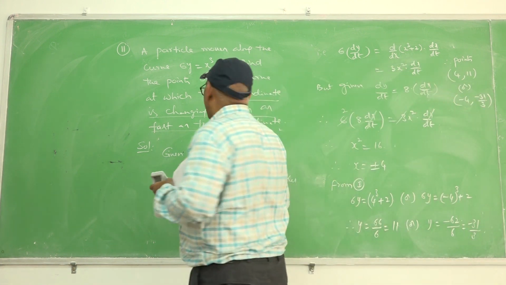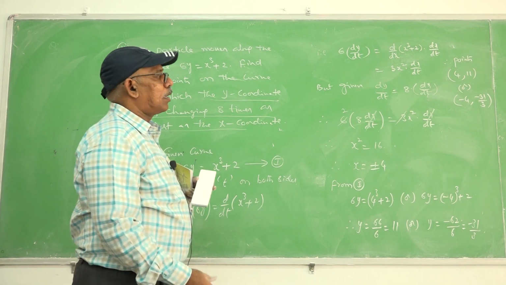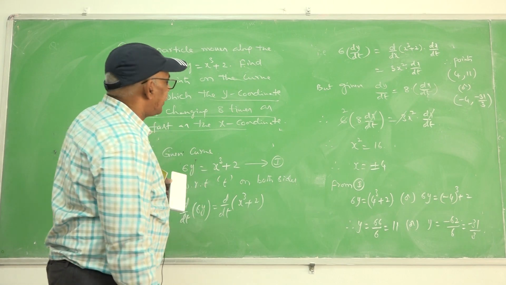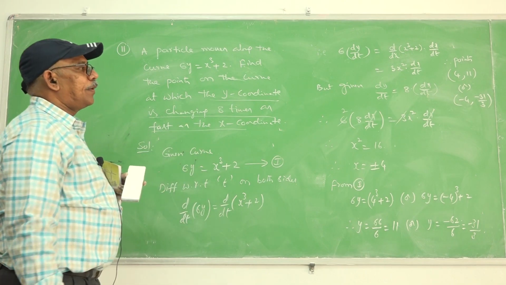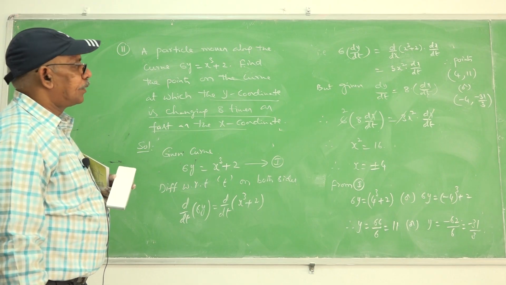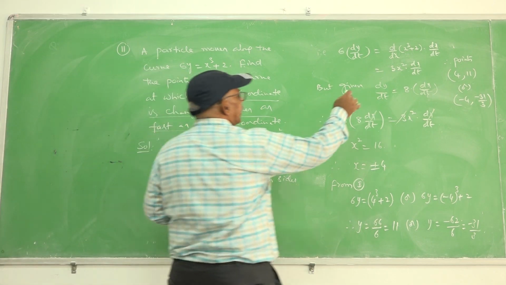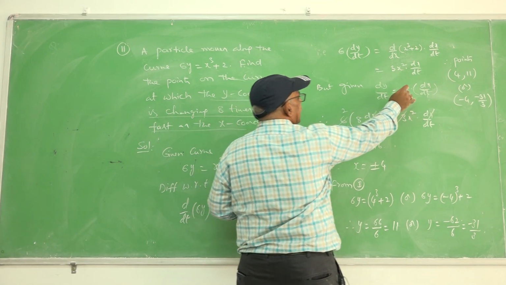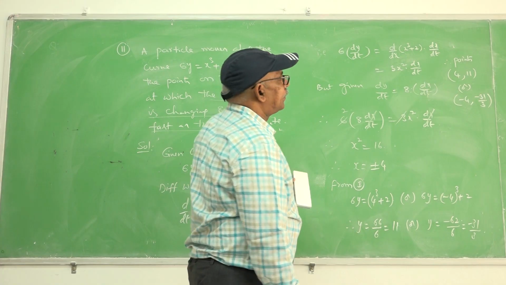At those particular points, 4 comma 11 or minus 4 comma minus 31 by 3, the rate of change of y coordinate is 8 times the rate of change of x coordinate.